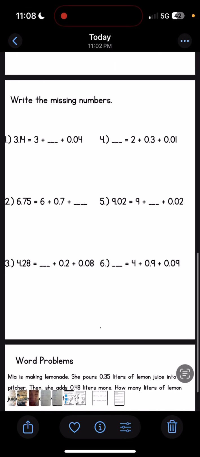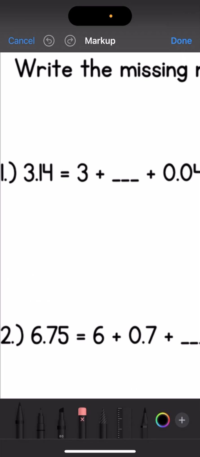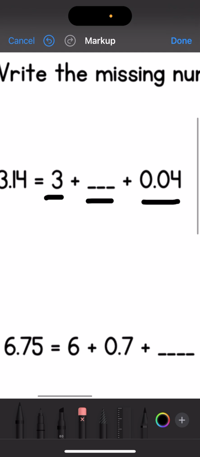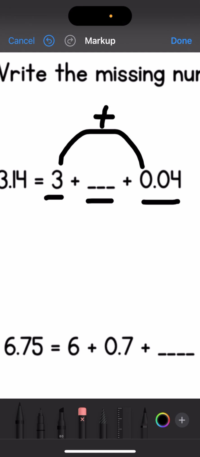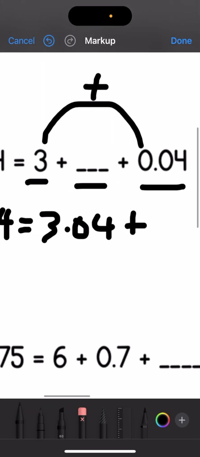Write the missing number. Okay, so we have 3.14 is equal to 3 plus blank plus 0.04. Okay, so if we add 3 and 0.04, we get 3.04. And on the left side, we still have 3.14. We know that we still have to add a blank.